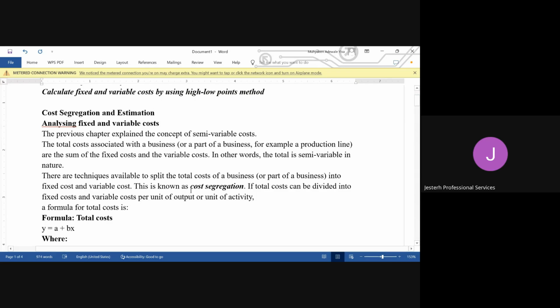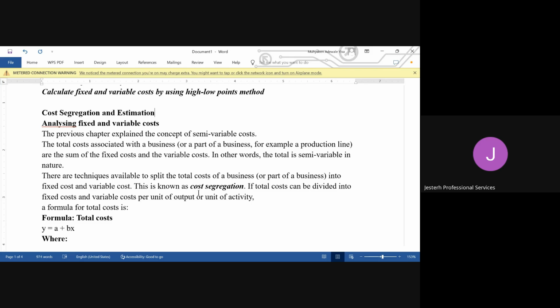And if, for example, we are given a total level of activities, I believe we also know what level of activities mean, like we discussed last class. If we are given a total level of activities, and then we are also given a total cost to produce that level of activities.